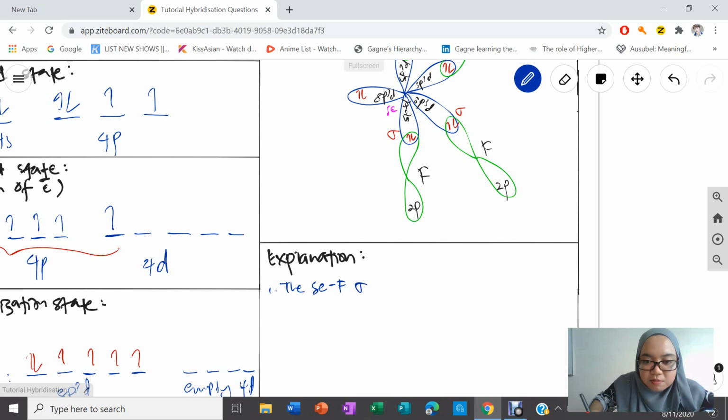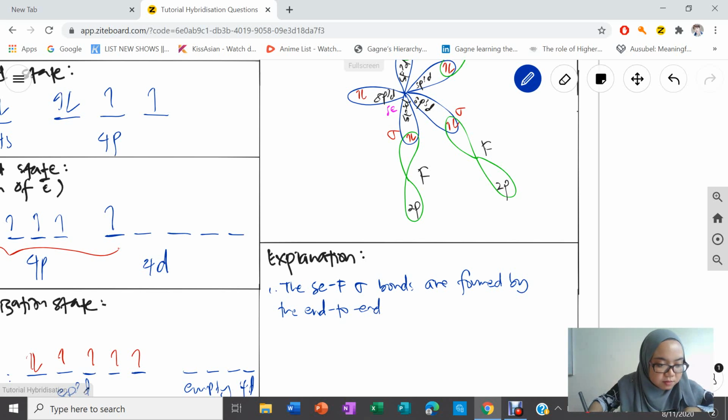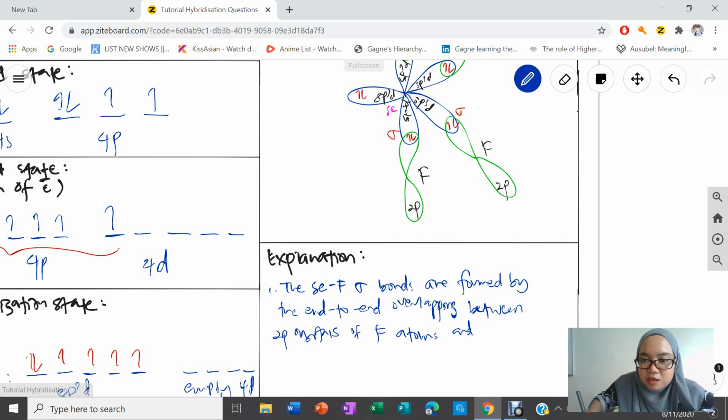The Se-F sigma bonds are formed by the end-to-end overlapping between 2p orbitals of F atoms and sp3d hybridized orbitals of Se atom.